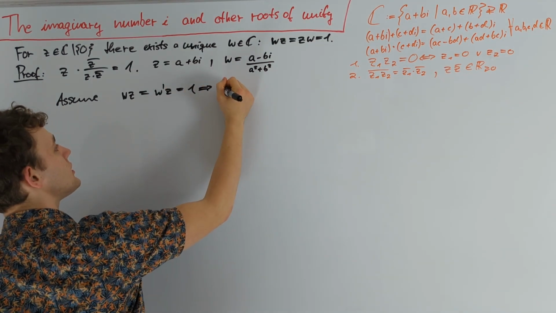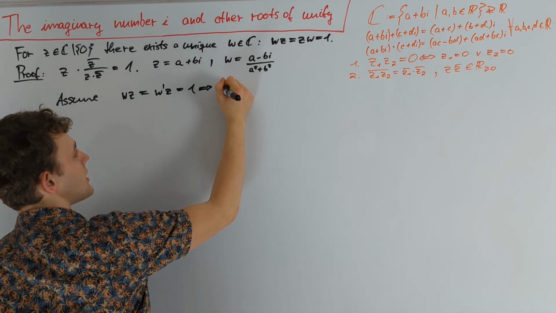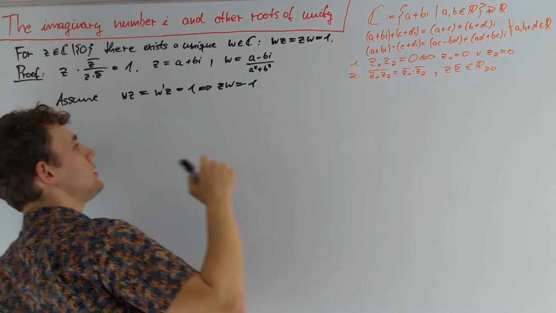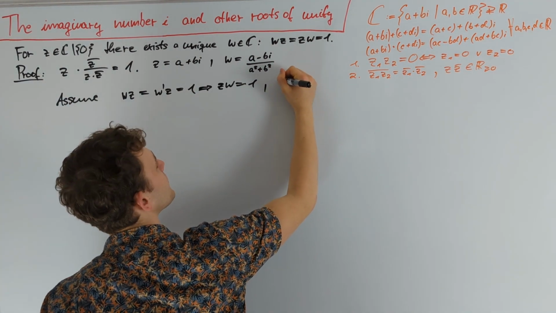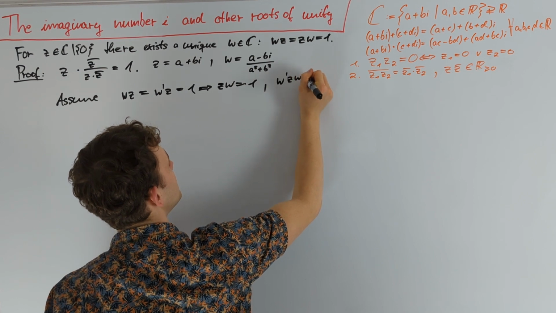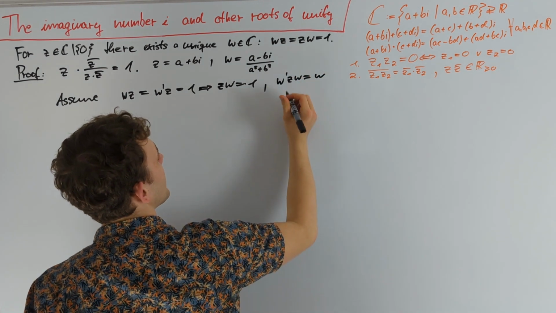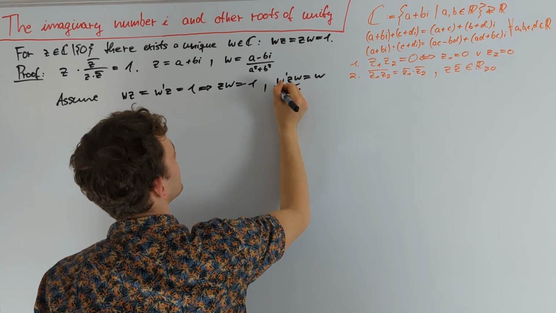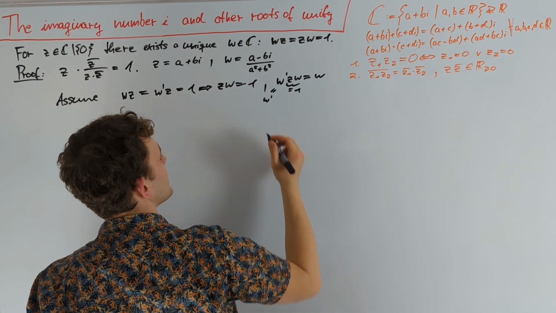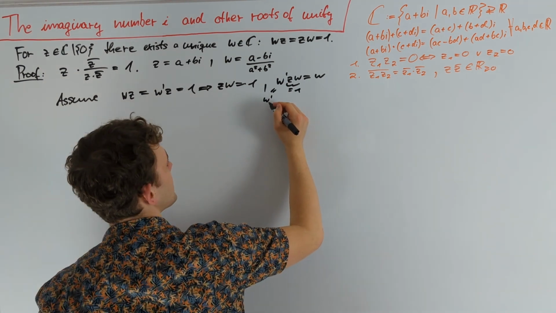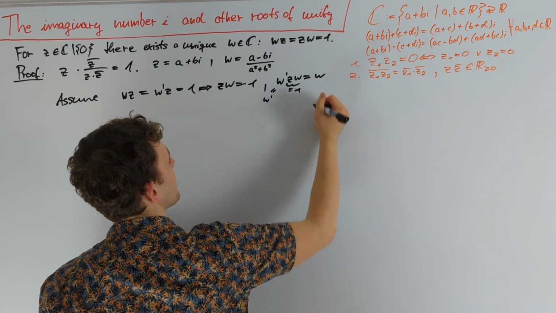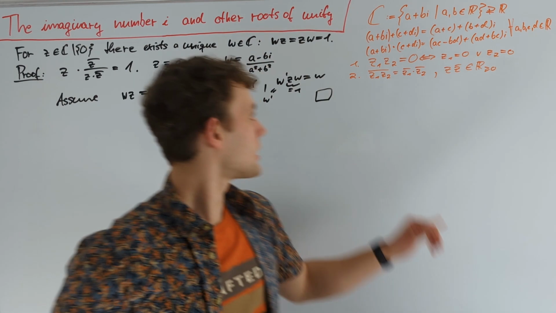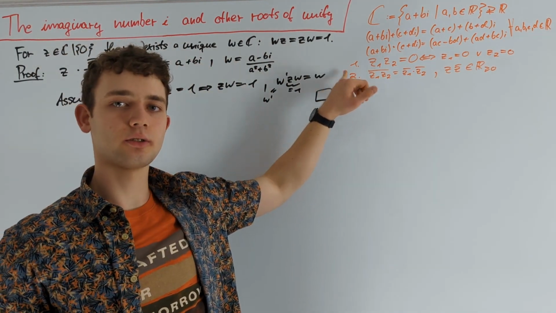Thus, by commutativity, we also get that zw equals 1, and so we can multiply our second equality with w to obtain that w prime zw equals w, and because now zw is equal to 1, this also equals w prime. And so it follows from this assumption that w prime equals w, and therefore we are done. Here I want to note that at this point you can also quickly finish using our first exercise, and I've challenged you to try that on your own.